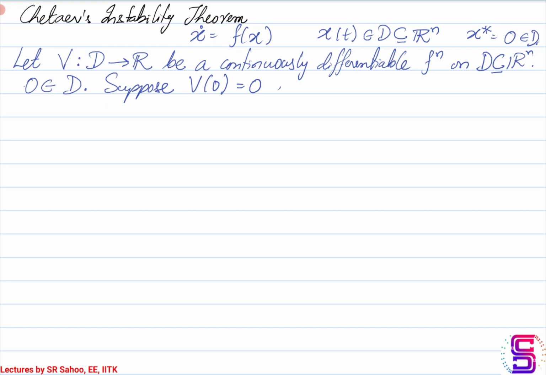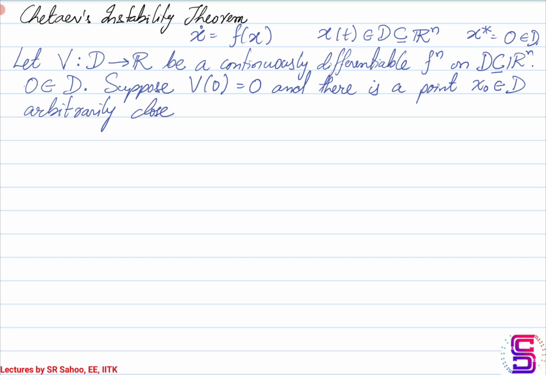Okay, and there is a point x0 in D that is arbitrarily close to the origin.